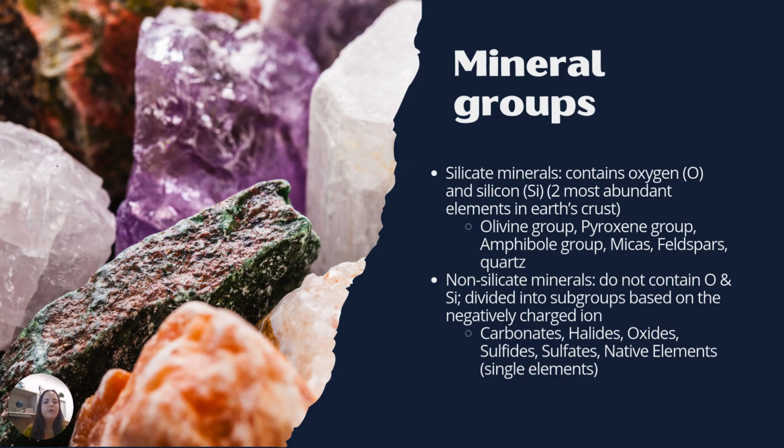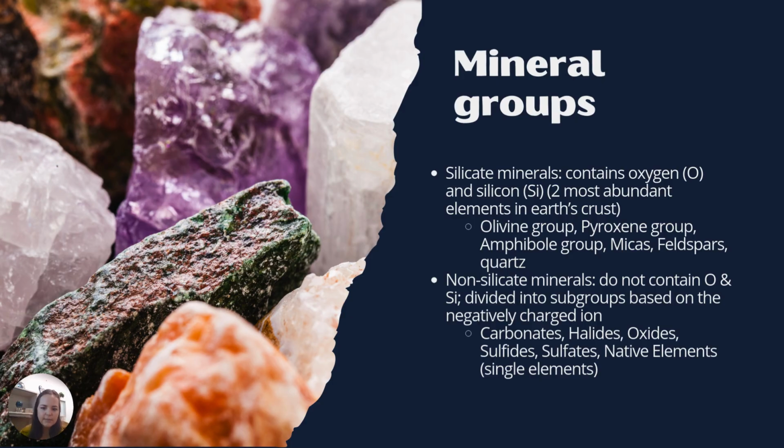So there's two main mineral groups. They're kind of the big umbrellas. There's silicate minerals and there's non-silicate minerals. Silicate minerals contain a silicon oxygen tetrahedron. These are the two most abundant elements in Earth's crust, making silicate minerals the most abundant minerals on Earth.